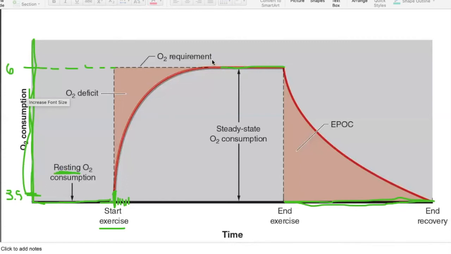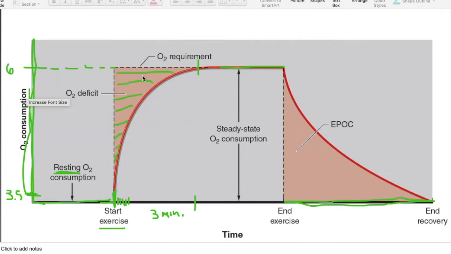But until this moment, right about here, let's say it's like, I don't know, three minutes into the bout of exercise, this is 3 minutes, there's an amount of oxygen that I'm kind of needing. I'm not quite able to get to. I'm not able to get to the 6 units of oxygen per minute that I need in order to function in this particular amount of time.